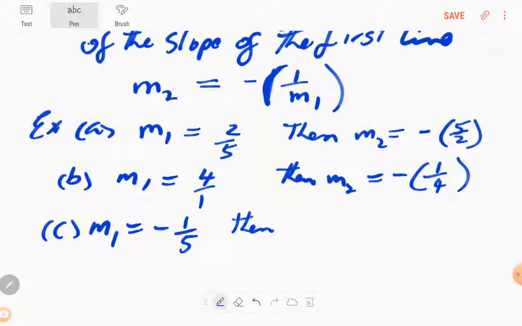Then the slope of the second line, which is perpendicular, would be minus 5 over 1, so this becomes plus 5. So you see the slopes of perpendicular lines are always opposite in sign.